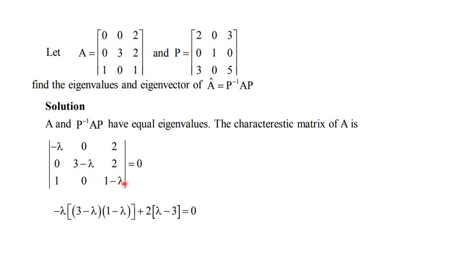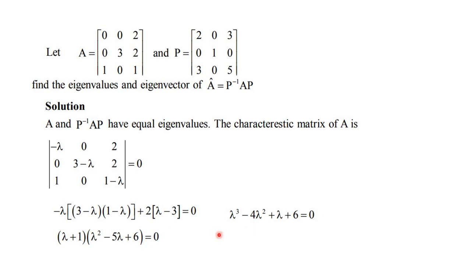Then plus 2 into (0 minus 1 into 3 minus lambda), that is 2 into (lambda minus 3) equal to 0. Then simplify this equation. We get lambda cube minus 4 lambda square plus lambda plus 6 equal to 0.